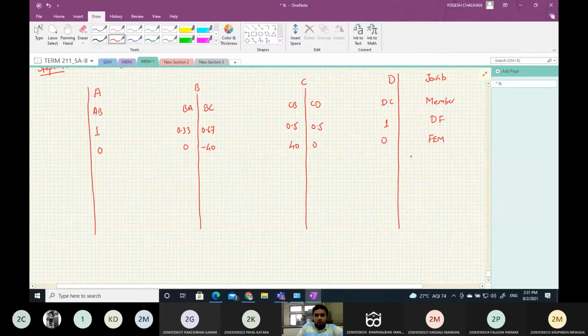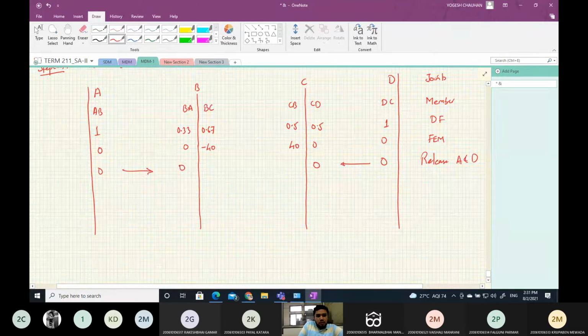Now next step is to release C and D, but they are already having 0 moment, so they are already released actually. Release A and D. So this will be released. Half of this will be carried forward here, 0 here. Half of this will be carried forward here.